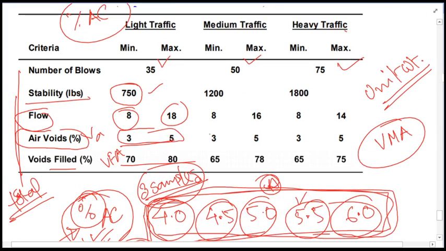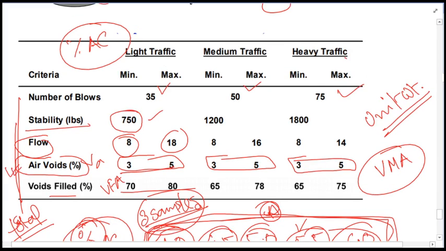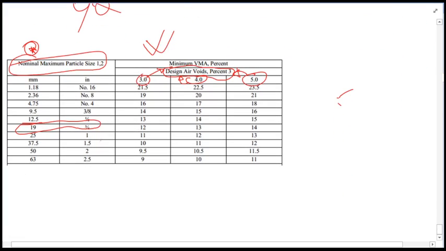So whatever the air void we find, the VMA will be automatically determined for the particular nominal size using this value. If you have 3, then the VMA is automatically 12.